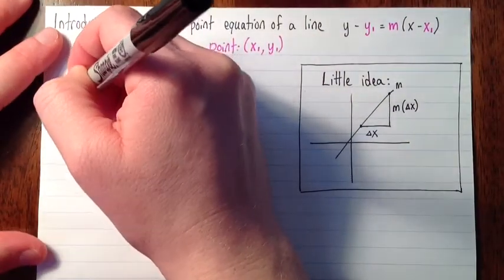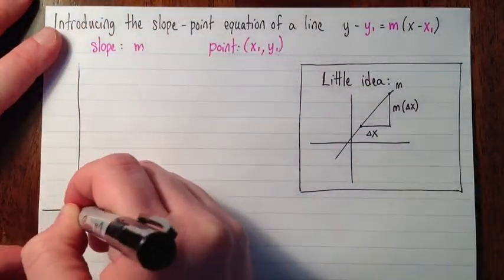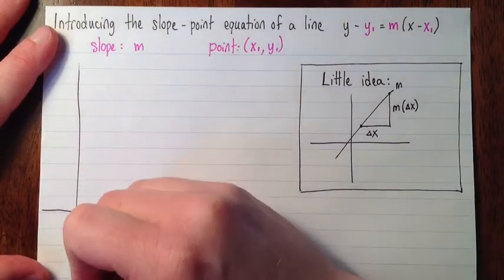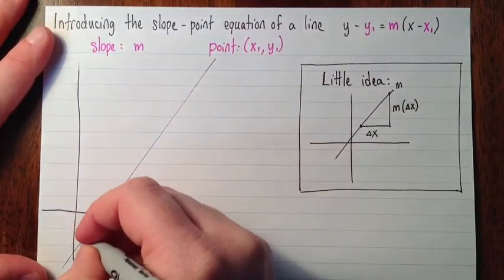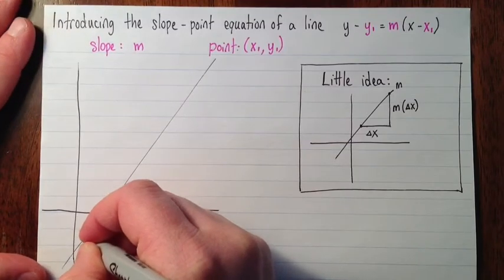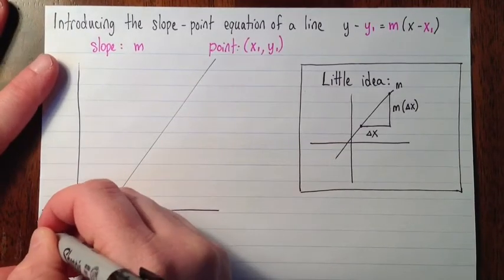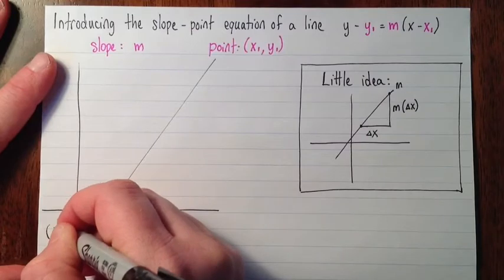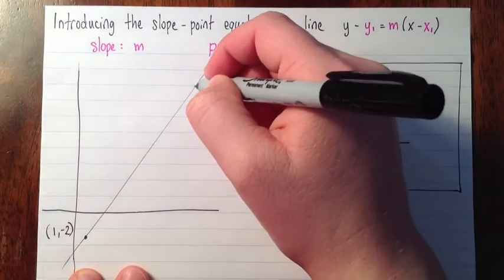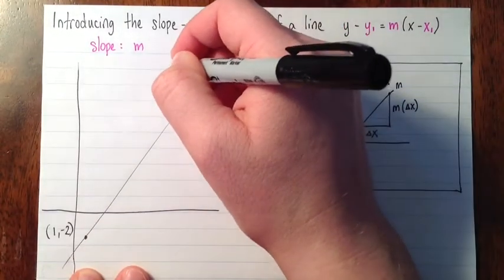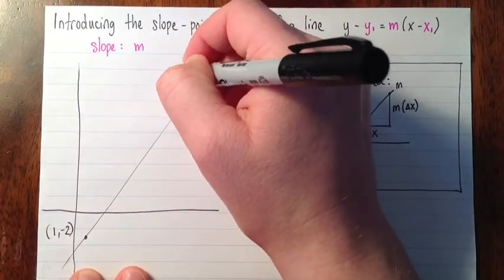So suppose we've got a graph of a line here. It goes like this. And suppose this is the point 1, negative 2. Now let's consider this here. This is just going to be the point x, y.